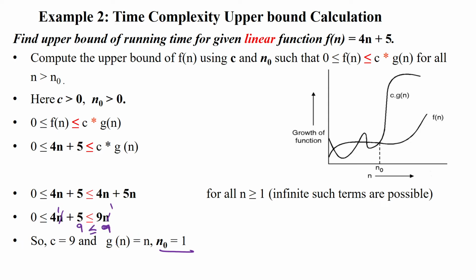Then substituting n equal to 2, it will be 8 plus 5, 13, less than or equal to 9 into 2, 18. This is also true. So from n0 equal to 1 onwards, the condition f of n less than or equal to c into g of n is satisfied. This is the procedure to calculate the upper bound by using big O notation.